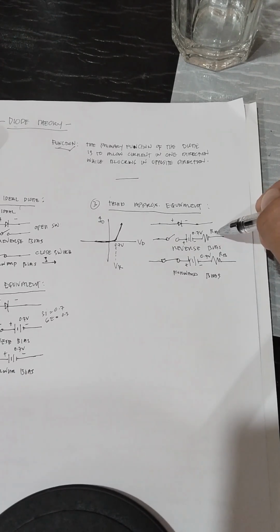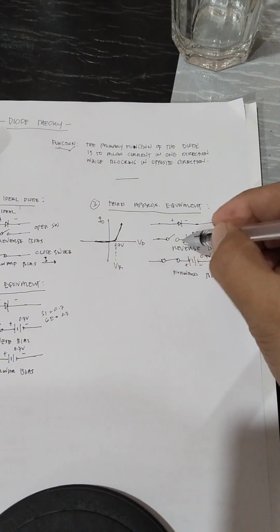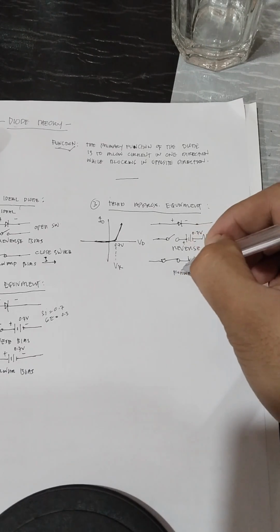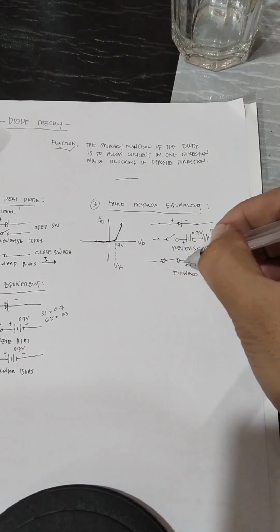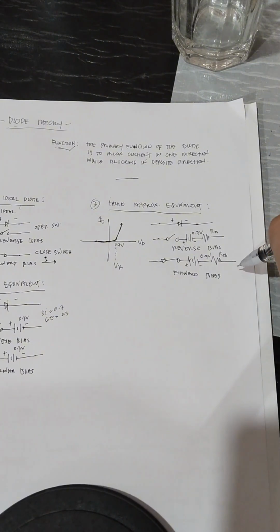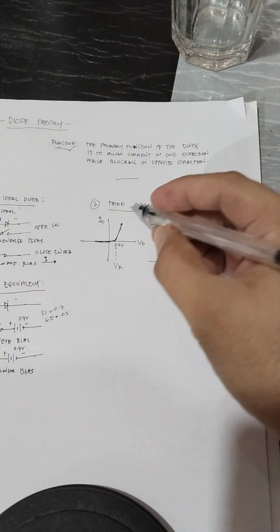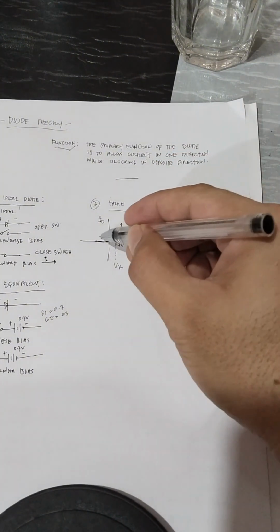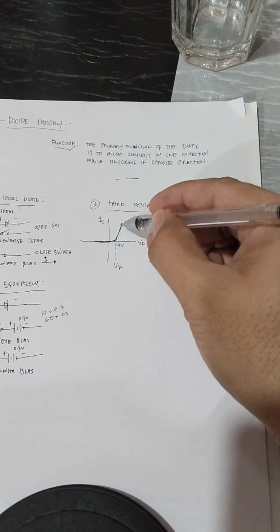This is a resistor. This is what we call the bulk resistance. So when forward bias, this is what the circuit looks like.